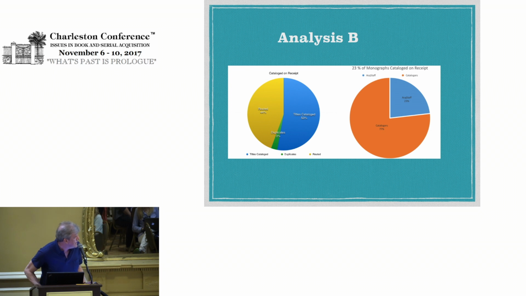Another way to present that was that we routed 44% of what we received, and we received about 50,000 titles a year. But we cataloged 53% of it, and there was a 3% overlap.